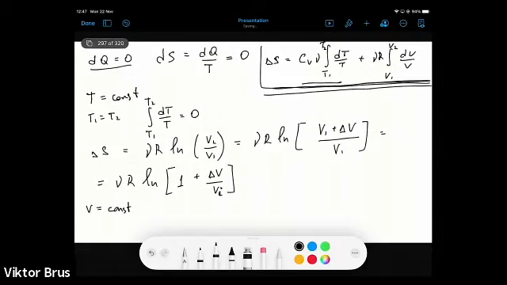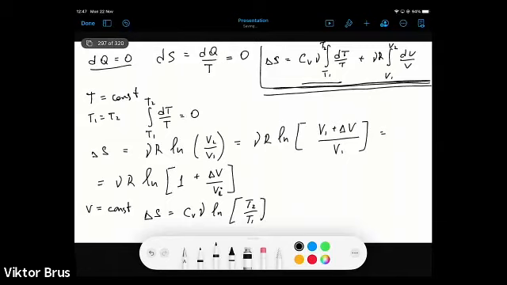So change in entropy will be defined as C_V times nu times natural logarithm of T2 divided by T1.